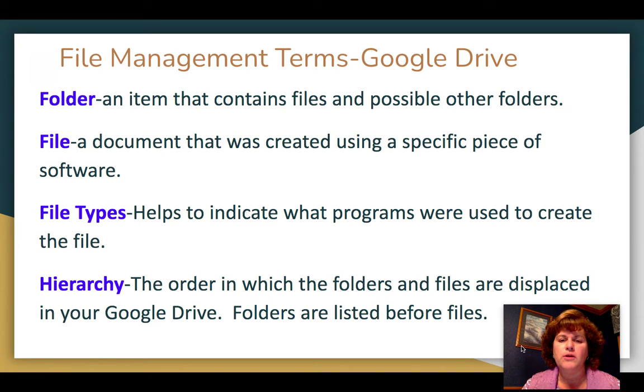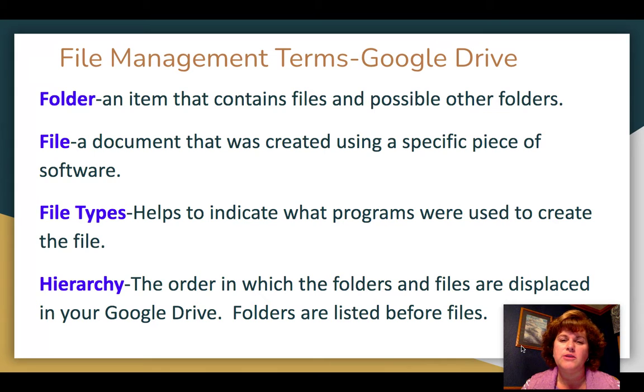Now on the computer, you don't have papers, you have what's called a file. A file is a document that was created using a specific piece of software. Each of those files was created with a product or software, and those products have what are called file type icons that are usually placed right in front of the file's name. So when you look in your Google Drive, you will see the name of something you created, and to the left of that is a picture, a little icon.